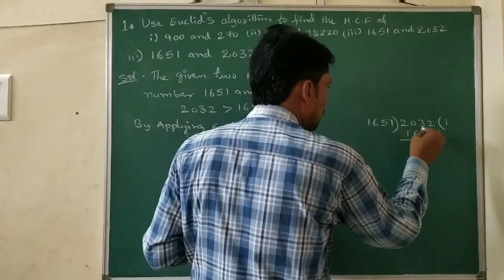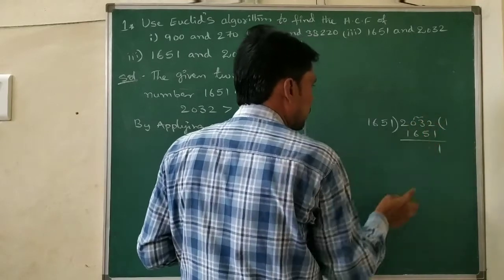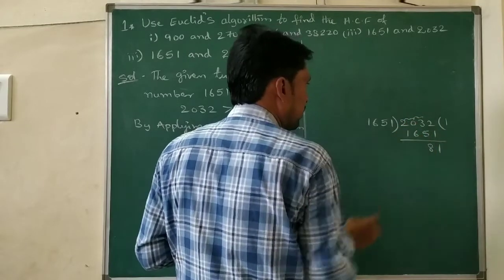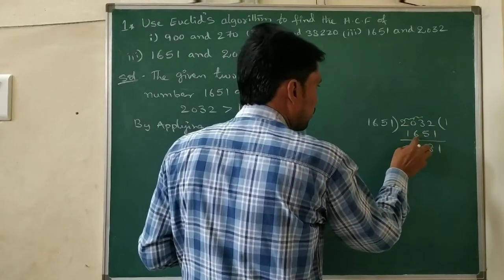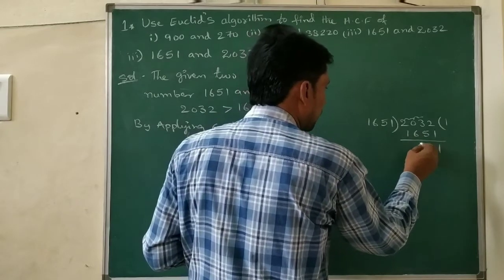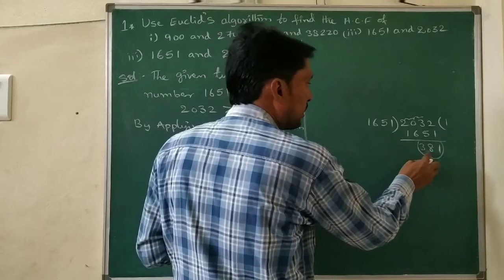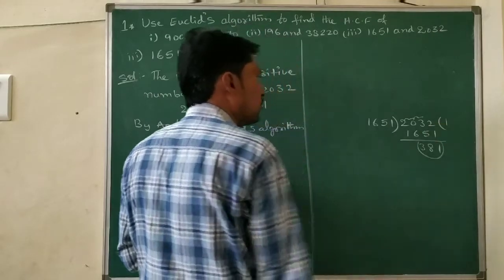Now we need to subtract. Here 13 minus 5 is 8. Here borrowing, 9 minus 3, 9 minus 6 is 3. So here we got the remainder 381 and the coefficient is 1.